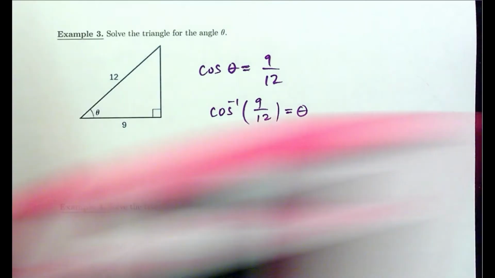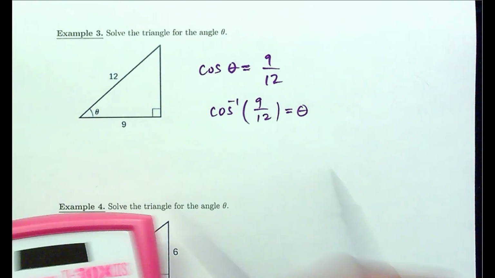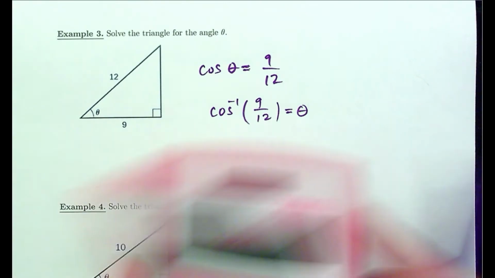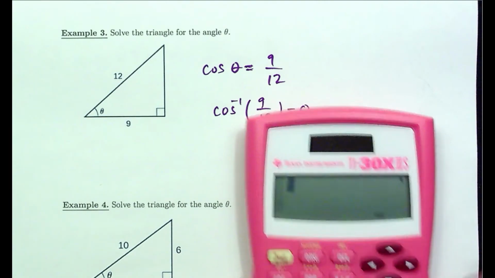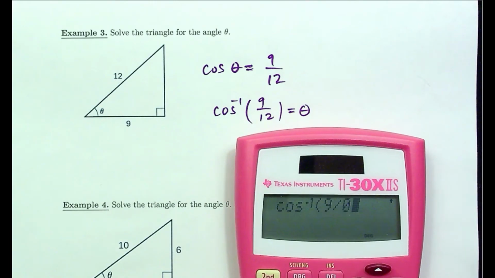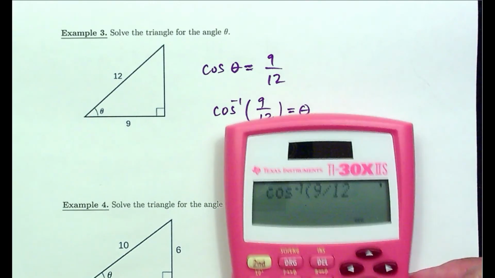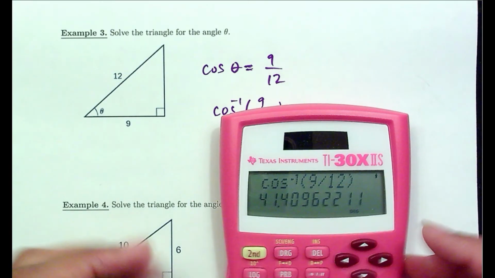So let's put this in the calculator. For geometry problems, remember that we usually give the answer in terms of degrees. So let's change this back to degrees. And say, okay, we want cosine inverse of 9 divided by 12. And that is 41.